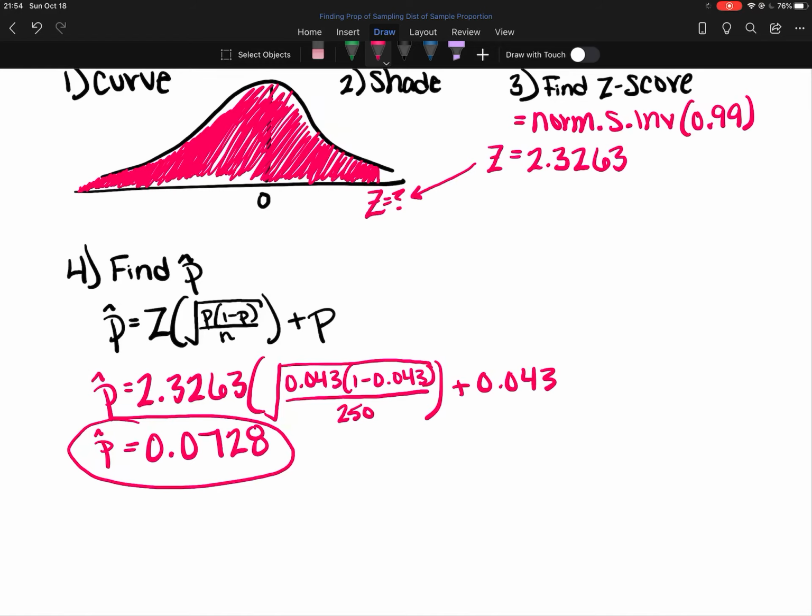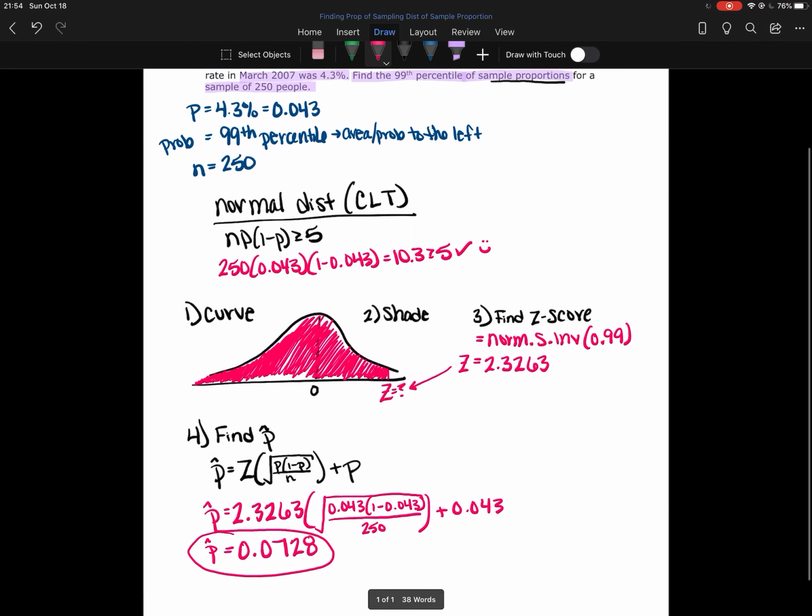Another way to think about this, because this one can be a little weird: if you were to take a sample of 250 people, 99% of those samples would have an unemployment rate less than 7.28%. Let me say that one more time.